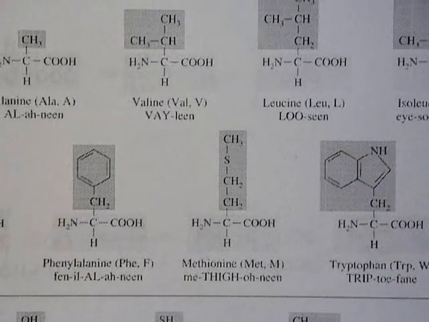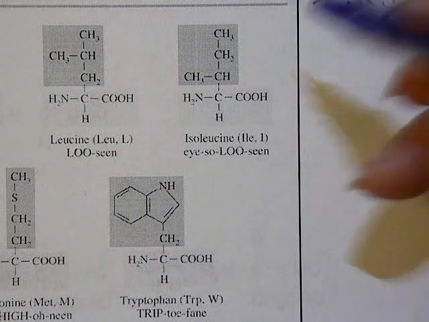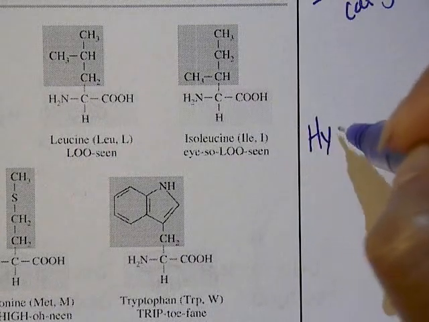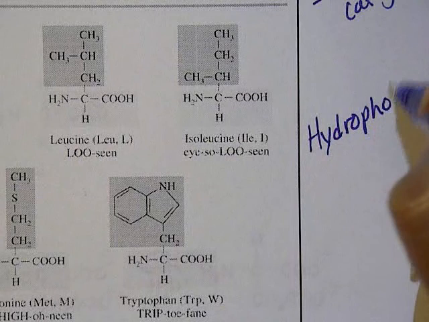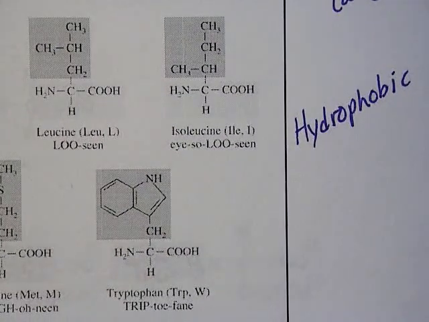All right, so what is common about the non-polar amino acids is that they're hydrophobic in nature, and that should make sense. A lot of these amino acids, because they're hydrophobic, are found in the interior of proteins with limited interaction with water, right?